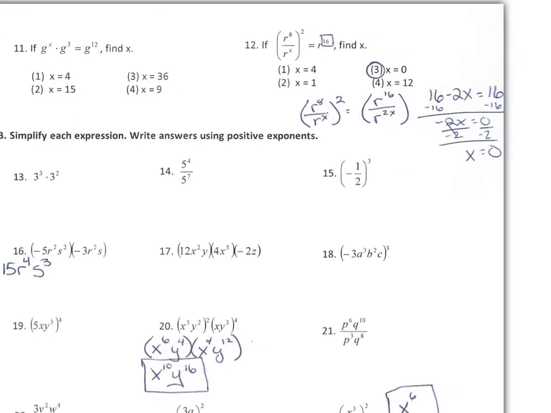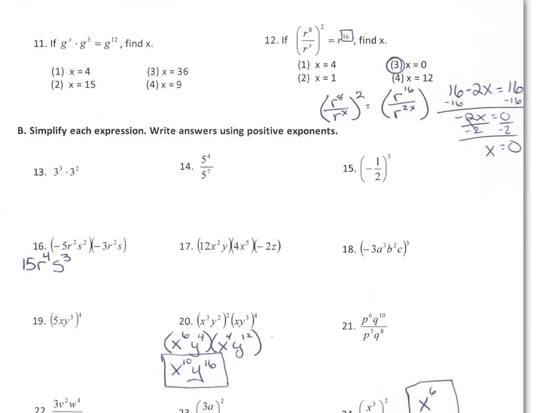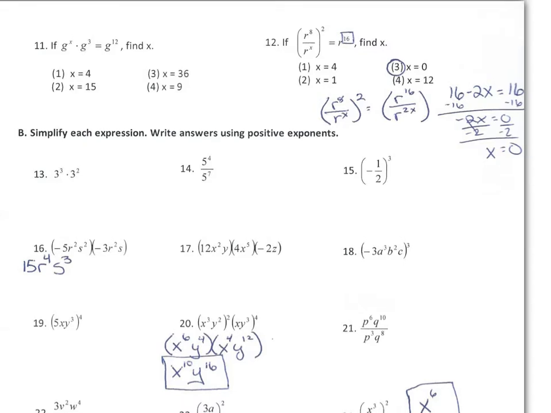Okay, number 12. If r to the 8th divided by r to the x squared equals r to the 16, find x. So this is how I thought about it. The very first thing I did is I did square it. Right here. So when I have a power raised to a power, I multiply exponents. So 8 times 2 is 16.